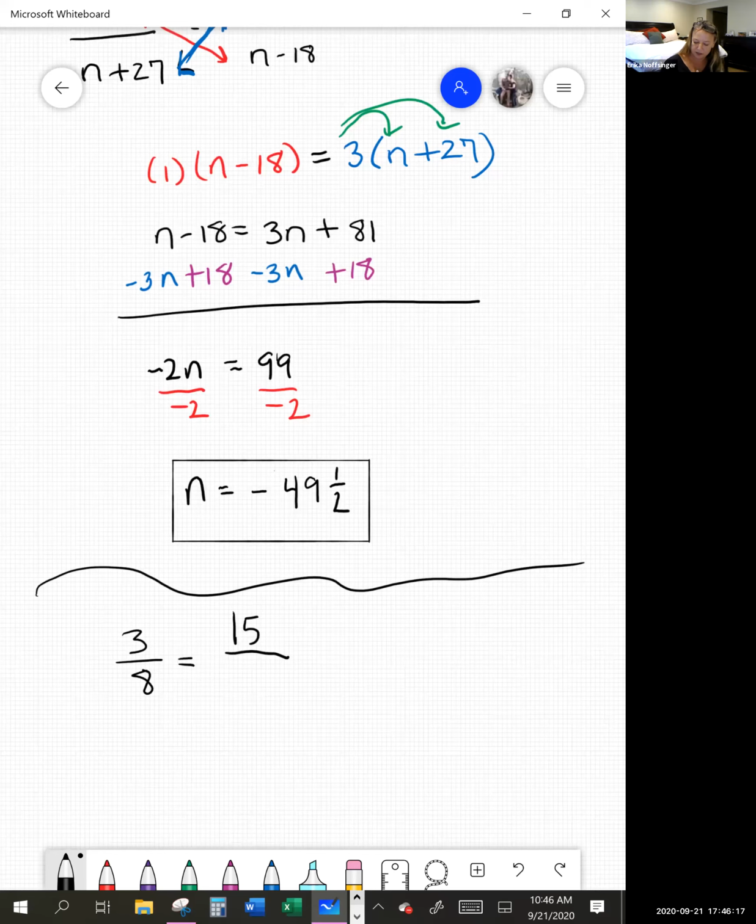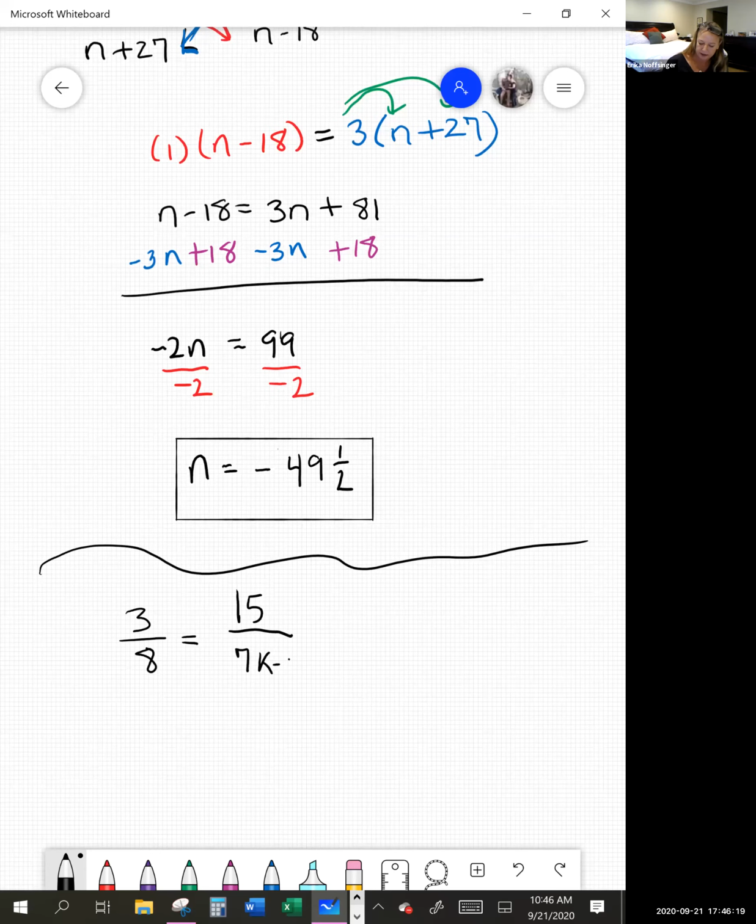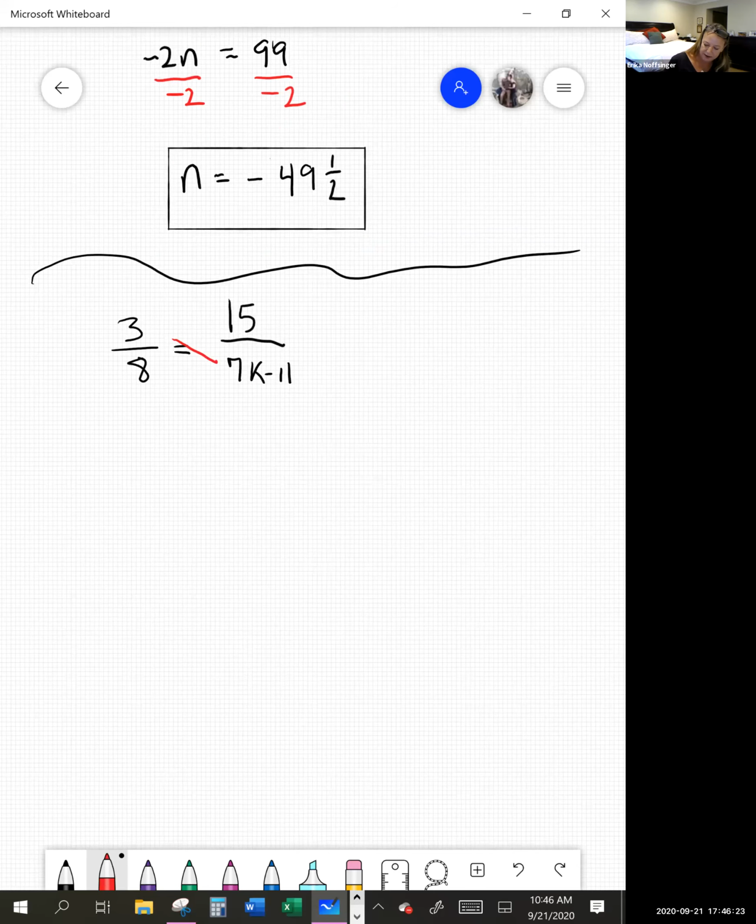Okay, so cross multiply. So 3 all times 7k minus 11 is equal to 8 all times 15.